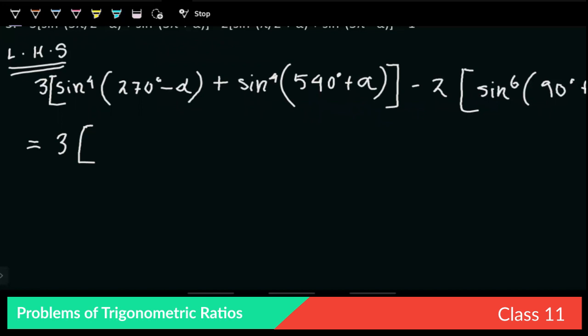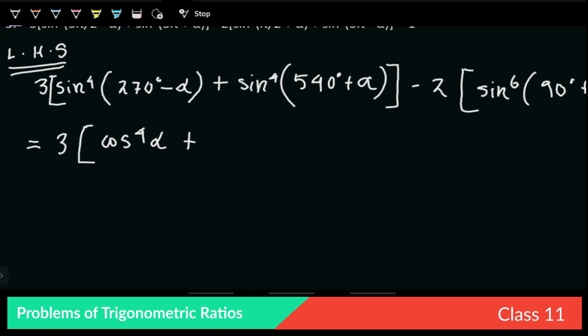We can directly write it as cos to the power 4 alpha. Why? Because sine of 270 degrees minus theta is minus cos theta, and since it is given sine to the power 4, minus to the power of an even number gives us a positive number, so we can directly write it as cos to the power 4 alpha.